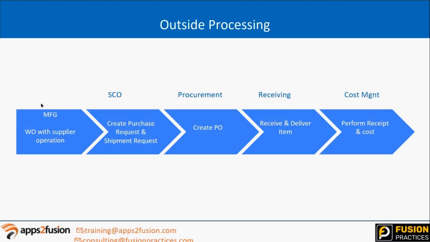Let's take these arrows as different operations. Imagine this is operation 1, this is operation 2, this is operation 3, which is the supplier operation of painting. So this operation can be defined like operation 30 painting. The type of this operation is defined as supplier, so it knows that this is an external action.